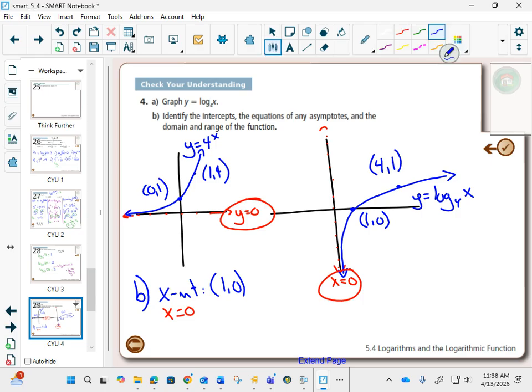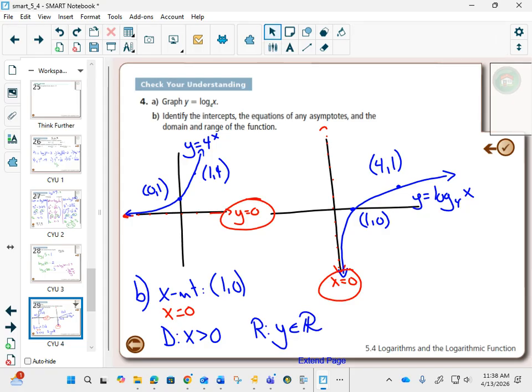Domain and range. Well, now my domain, the x values, are bigger than 0, and my range is everything. I'll get you to circle questions 10 and 11.